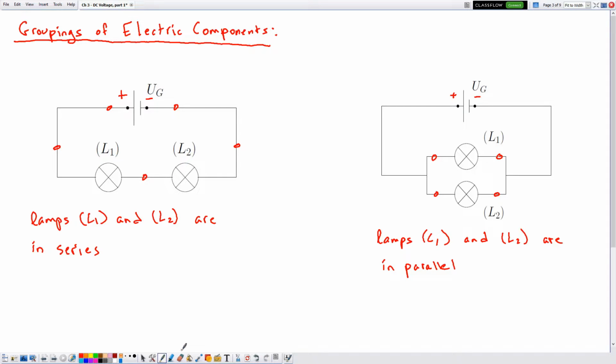Now, for example, if we connect here a lamp L3 to the lamp L2 like this, this is a lamp L3 connected to the lamp L2.